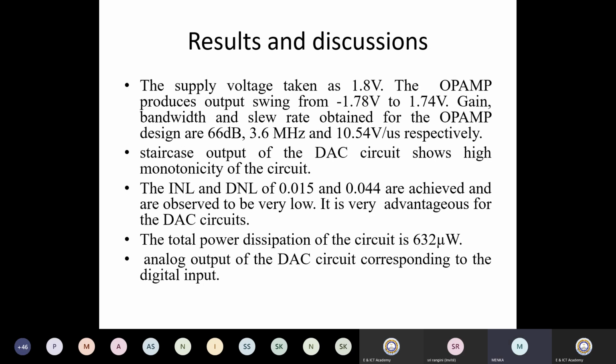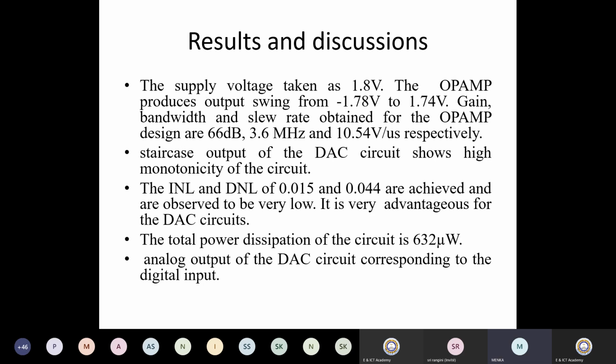Here we have calculated INL and DNL, and observed 0.015 and 0.045 respectively, which are very low and very advantageous for DAC circuits. INL and DNL are the most important performance parameters for DAC circuits.